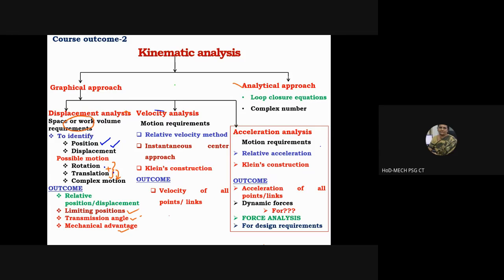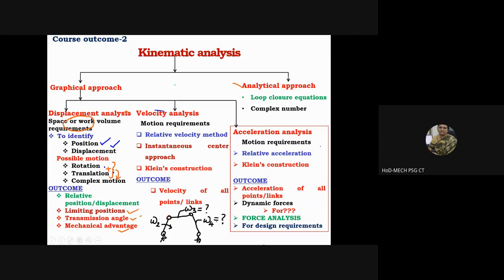For example, if you again consider a 4-bar mechanism, after you carry out a velocity analysis of the 4-bar mechanism, the angular velocity of the input link should be known in order to complete the analysis. Then I will be able to find out the instantaneous angular velocity of link number 3 and of link number 4.